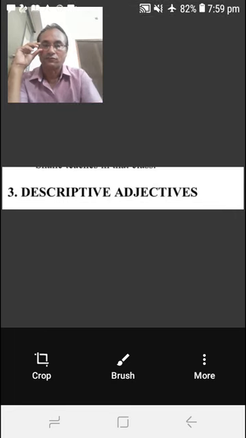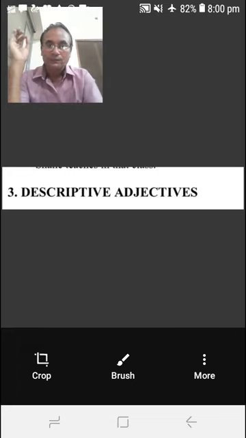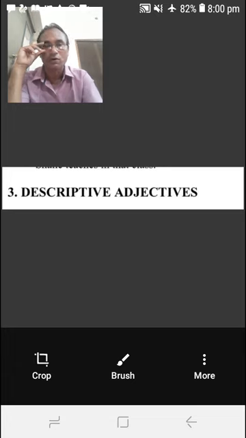Descriptive adjective. What is called a descriptive adjective? These are the general adjectives which describe both nouns and pronouns. That is, they are typical adjectives in general.